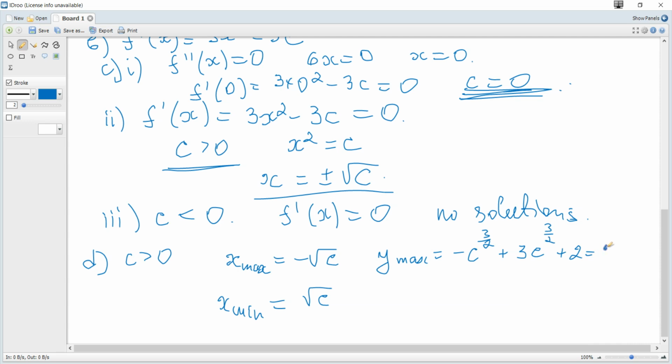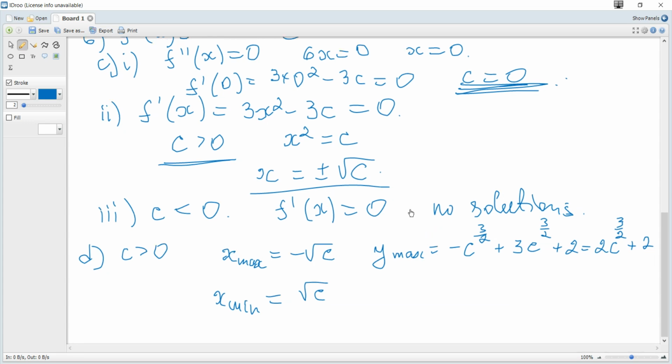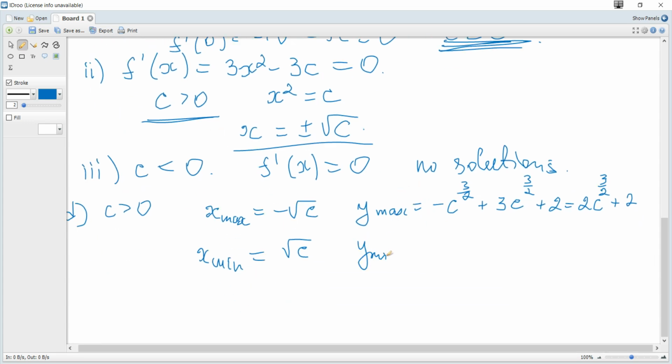Hence it becomes 2 multiplied by c to the power 3/2 plus 2 as required. The minimum is c to the power 3/2 minus 3c times root c, plus 2, which is negative 2 multiplied by c to the power 3/2 plus 2.